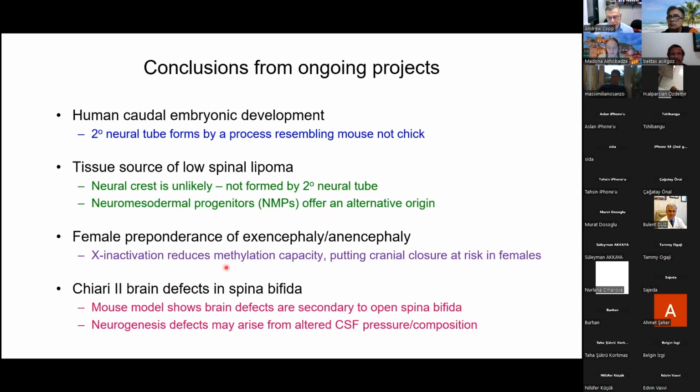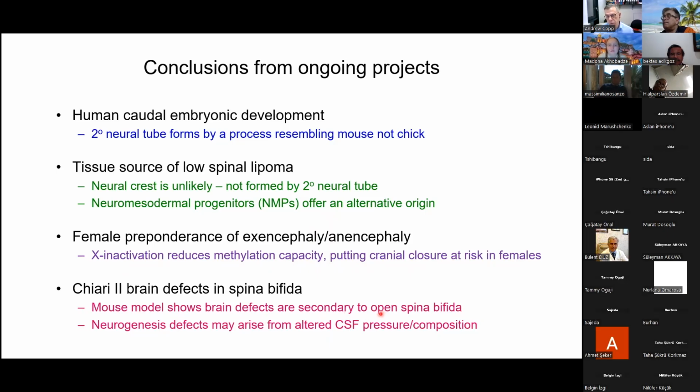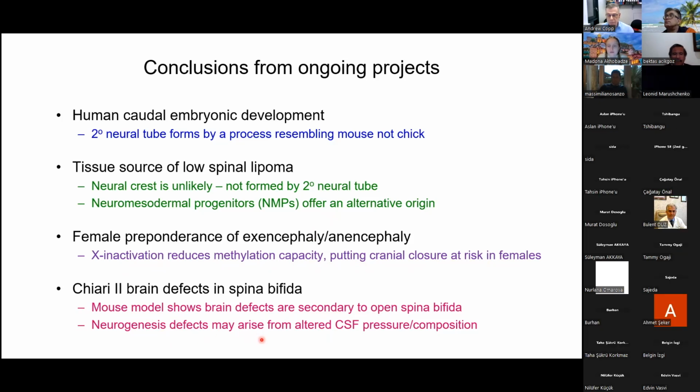We found that exon activation reduces methylation capacity and does appear to put cranial closure at risk in females. And in the Chiari 2 project, we've used a mouse model to show that the brain defects are truly secondary to the open spina bifida, and that neurogenesis defects may arise from CSF leakage and alterations in perhaps pressure or composition.